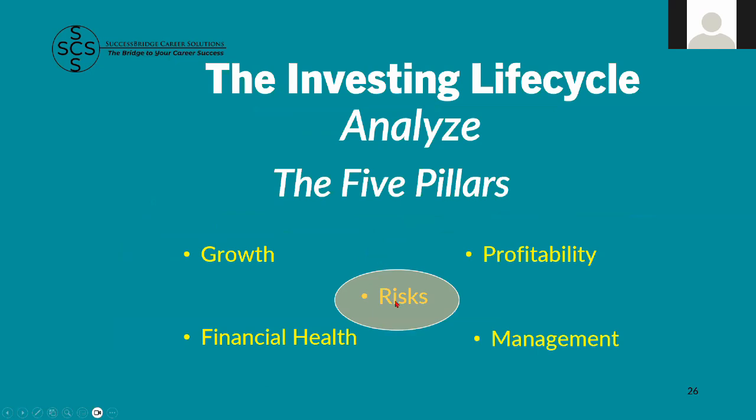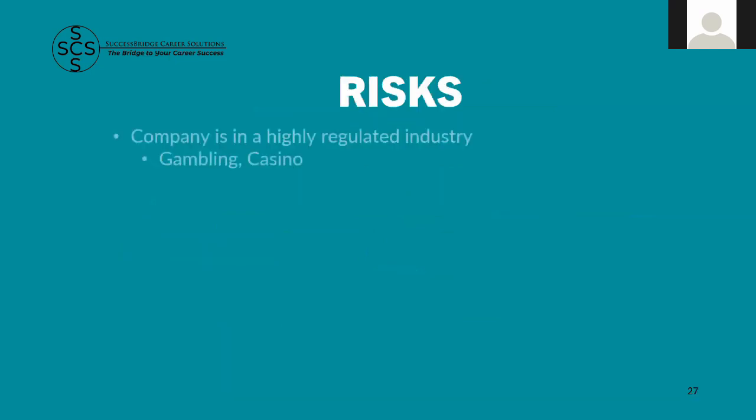Now we'll talk about risks. This is one aspect that not many money managers look at and incorporate into their models at the time of company analysis. So what are those risks that a company can face? One is if it's situated in a highly regulated industry, for example, gambling, casino, and things like that.